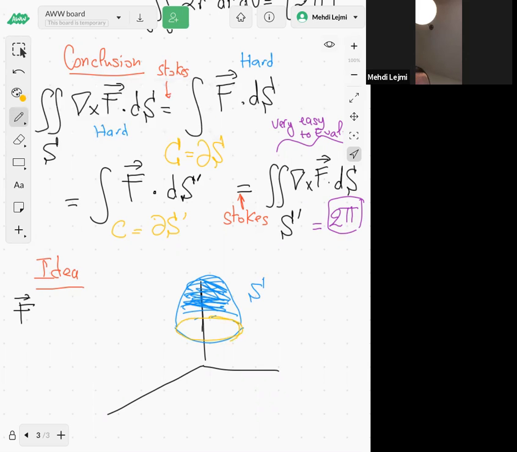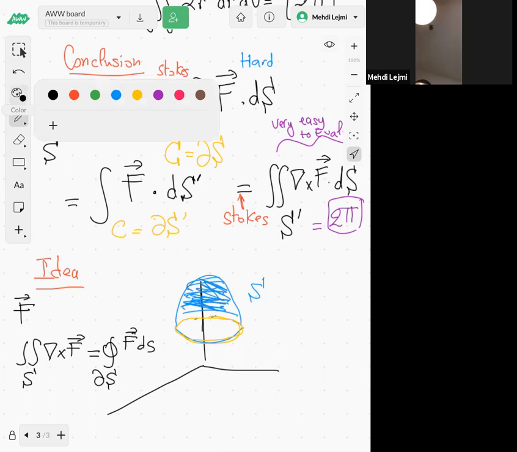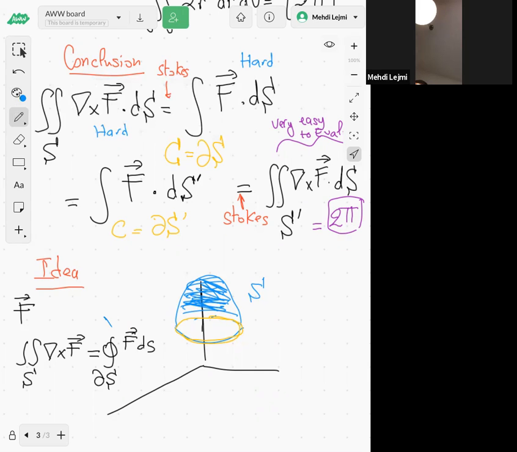We tried to evaluate the curl of F over S, and it turns out to be very hard to compute. If you use Stokes theorem, this is supposed to be the vector line integral along the boundary of S, which also turns out to be hard to evaluate. So both are hard to evaluate.